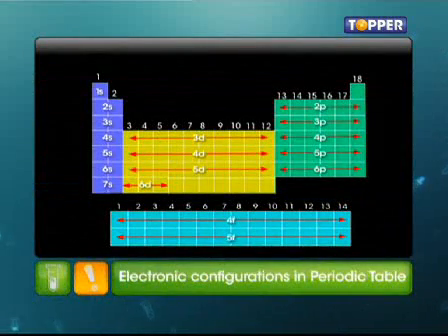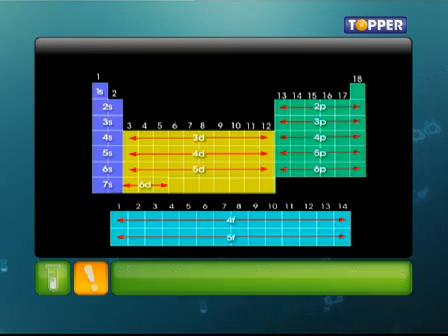Easy, wasn't it? Now let's take a look at the periodic table and see how electronic configurations change as we move along its columns and rows. First, the groups. As we move down, the number of shells keeps adding by 1.